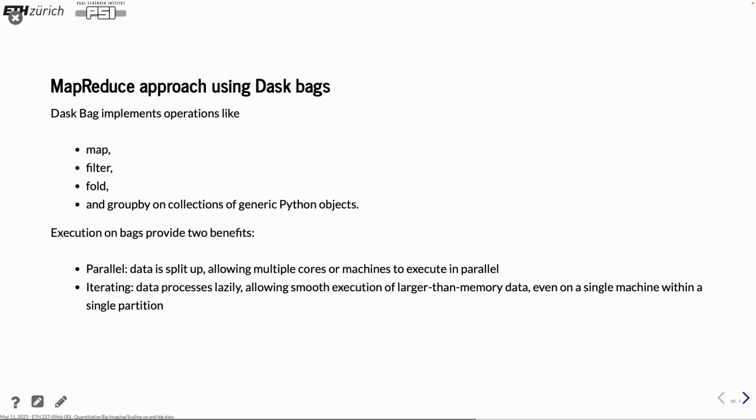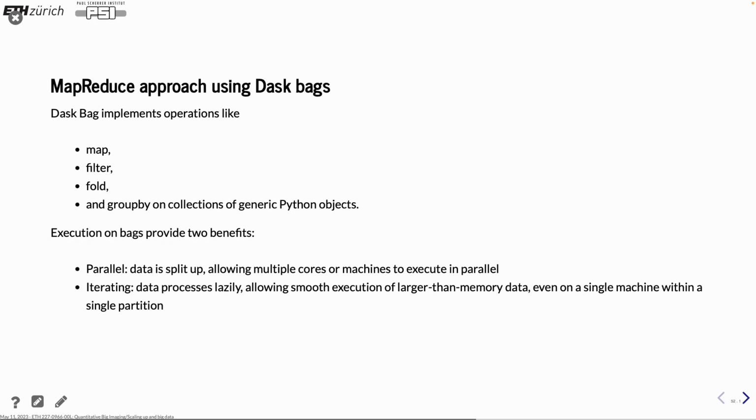So now we need to use some efficient way of doing it. And there is something called Dask. Dask has a concept called DAGs, and that includes mapping, filter, folding, and grouping. It can work in parallel, splitting up the data in efficient ways on multiple cores and executing in parallel.